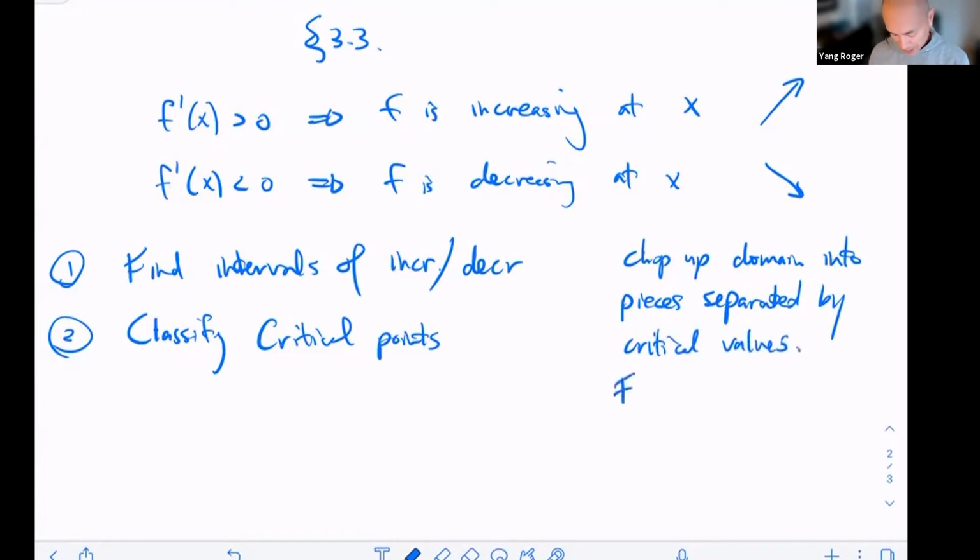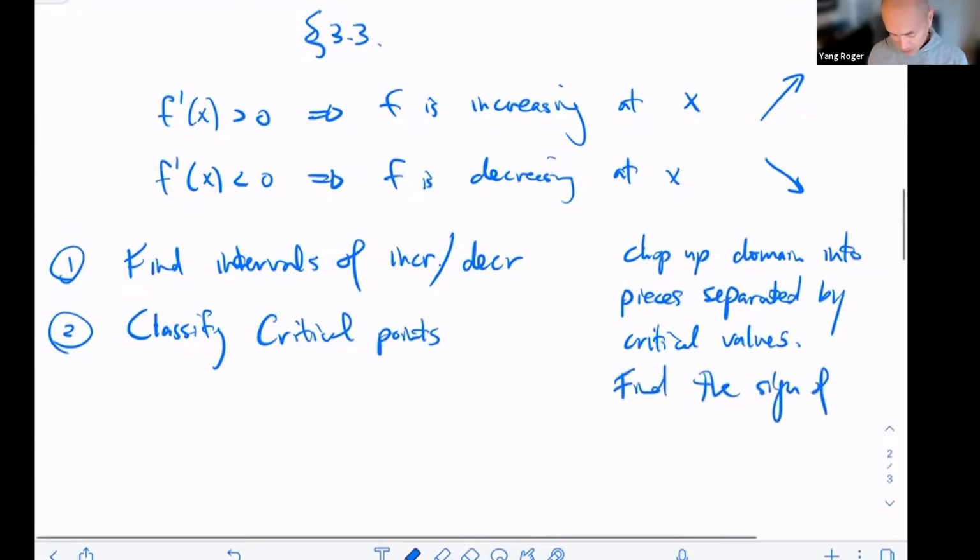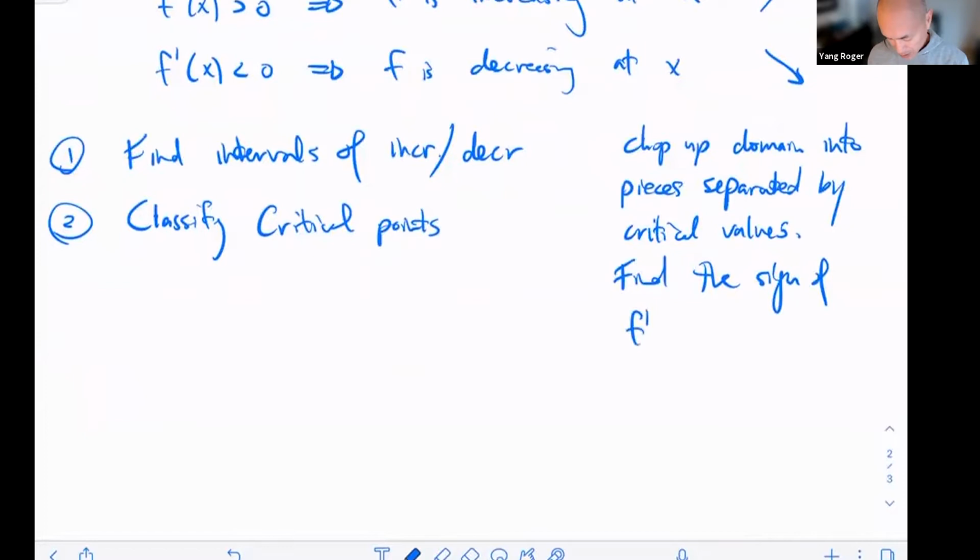And then I'm going to find the sign of f prime on each piece. So I'm going to show you an example of that in a second. Okay. We do that for graphing a lot. So, you know, that's kind of how I would handle that first part.